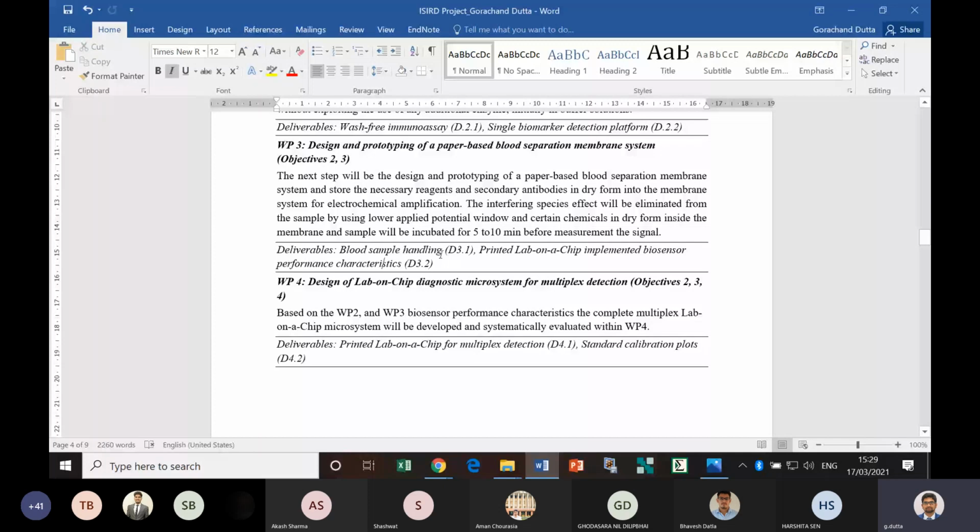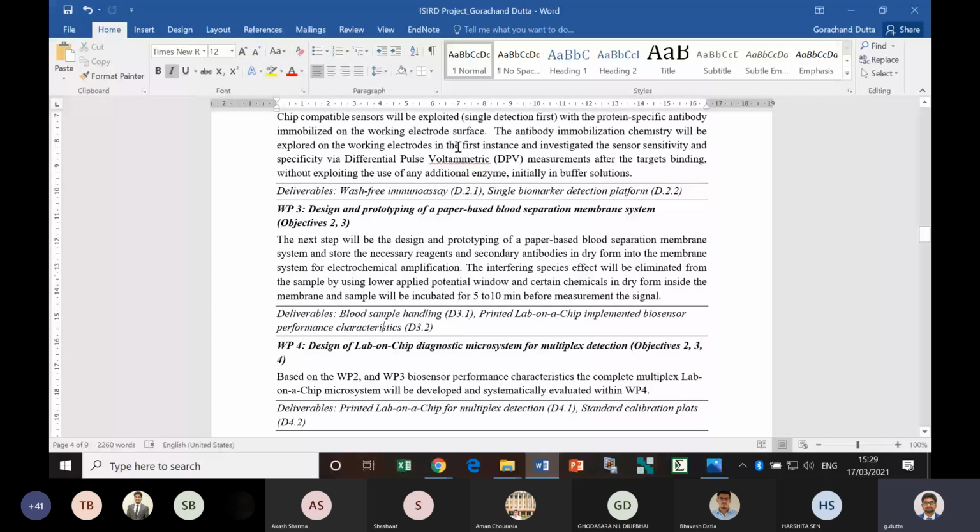The printed lab on a chip implementing biosensor performance characteristics, that kind of deliverable will be mentioned here. Then work package 4 is another work package where I mentioned the design of a lab on a chip diagnostic microsystem. Last time we followed single detection one by one. Maybe we can try malaria first, dengue, then tuberculosis.